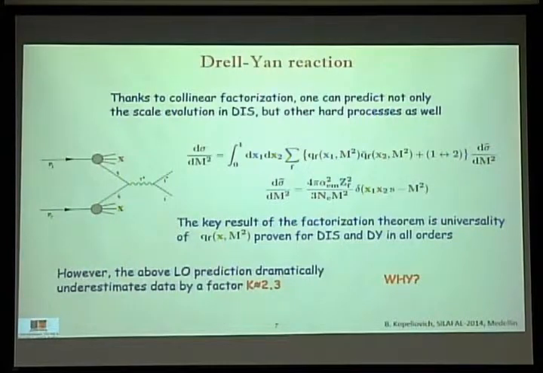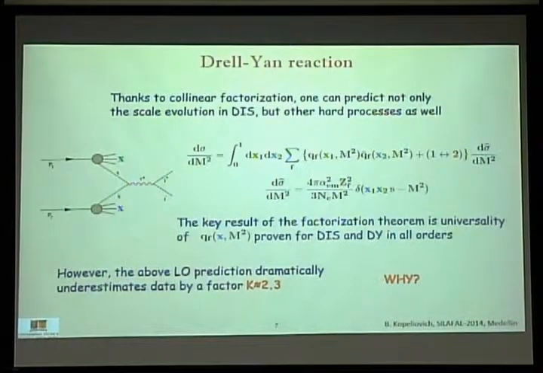And the cross-section can be expressed via these universal quark densities measured in deep inelastic scattering, times the hard cross-section, which is q q-bar going to a heavy dilepton, and the dilepton mass imposes the hard scale of this reaction.